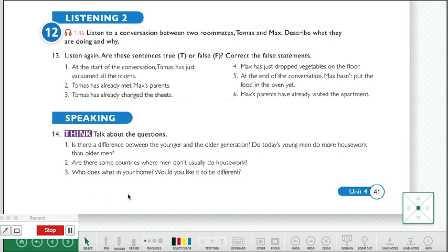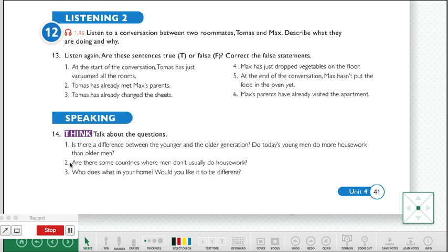Finally, number 14. Talk about the questions. This time number 14 is going to be written. In the notebook, you are going to write the answers for these questions.